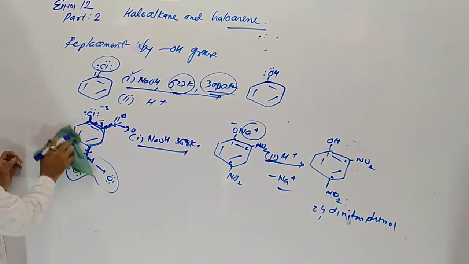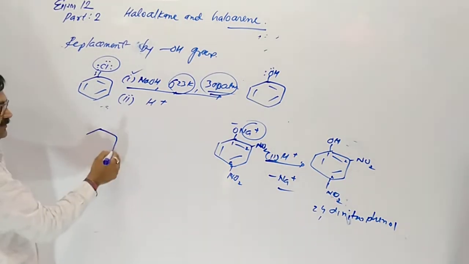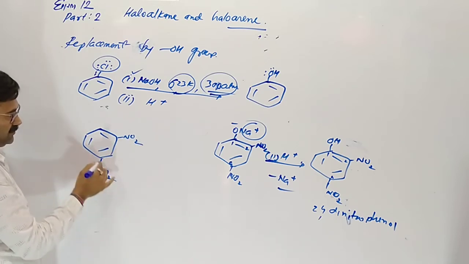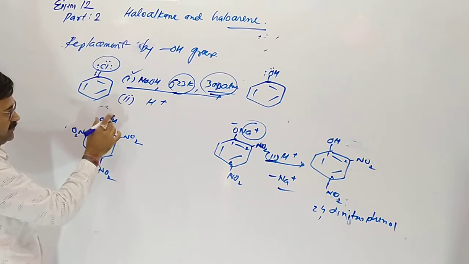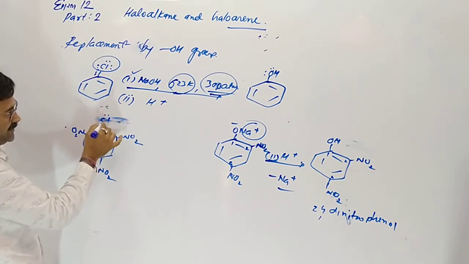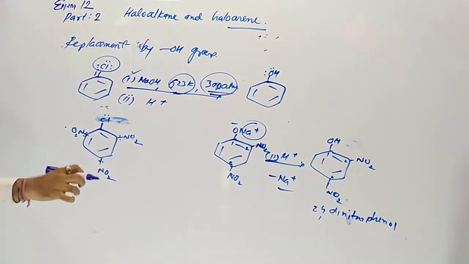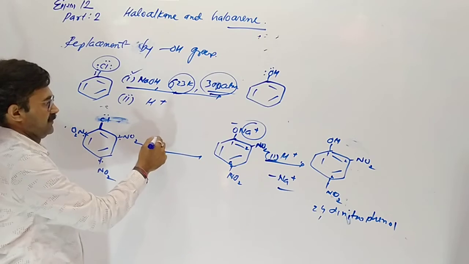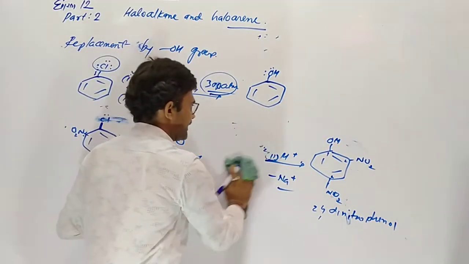If 3 NO2 groups are there, all three are withdrawing groups, at positions 1, 2 and 3. So this bond is very weak now. All three are withdrawing. Electron density here decreases. The pi bond behavior is cut by only water. No need of a strong base.